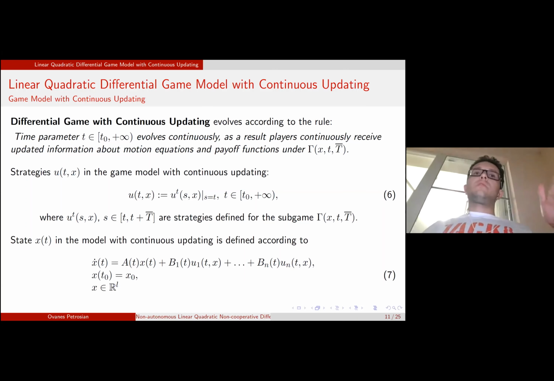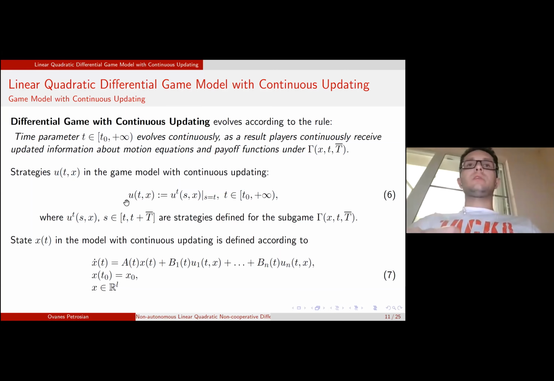Of course, we can consider it as a game on the interval from t to t plus t dash, but what we're interested in is the outcome. So on the slide you can see formula 6, which shows the strategy profile that will take place in the game.